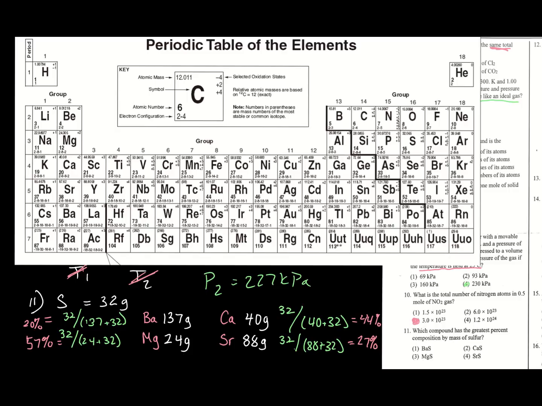So if you want the greatest composition, then you want to see where it would overpower the rest of the elements. Whereas if you want the least, you want to see which element will overpower your target. So barium will definitely overpower, 137 to 32. Sulfur will definitely overpower magnesium, 32 to 24. And that was a whole long explanation. Choice 3.